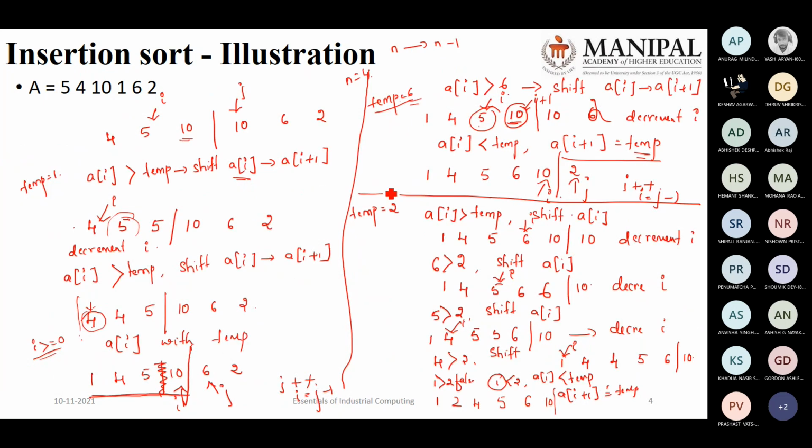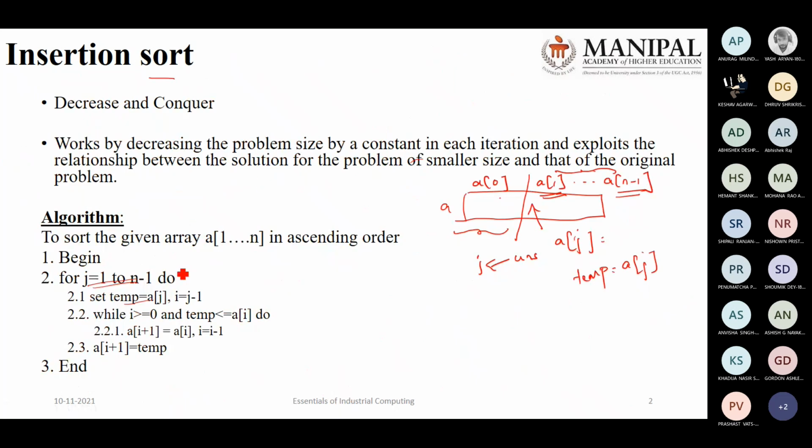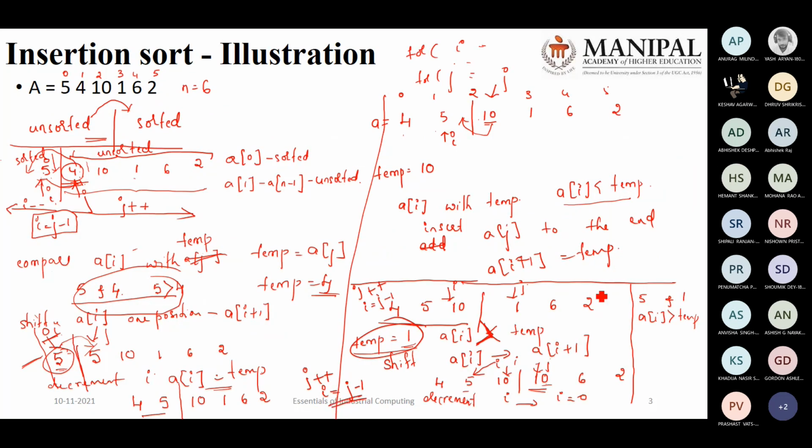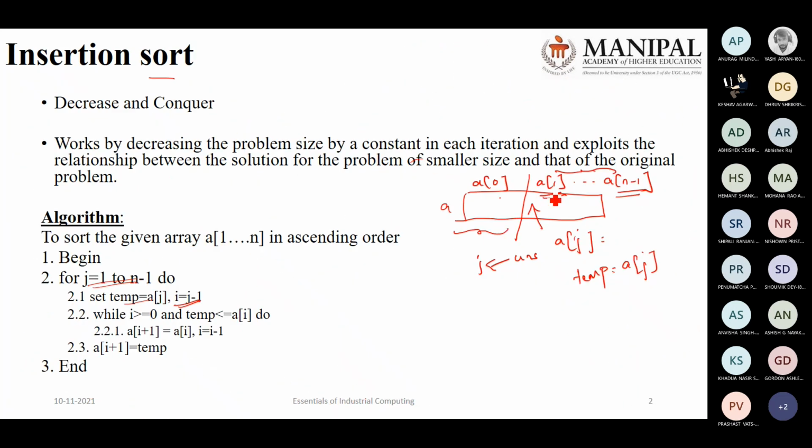So temp is equal to 2, temp is equal to 6, which is nothing but the value pointed by the J pointer. So temp is equal to A of J and I is equal to J minus 1, which you have done here, right? Every iteration you need to do this. For every element picked from the unsorted list, you need to perform this: I is equal to J minus 1.